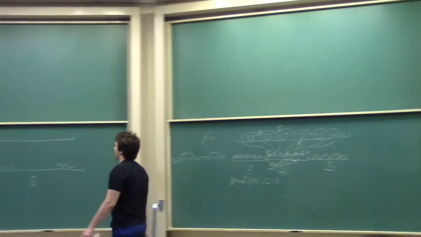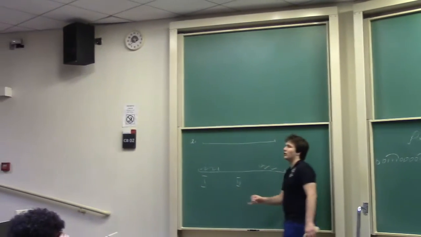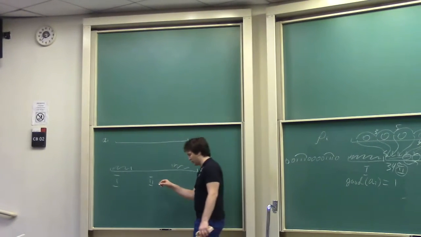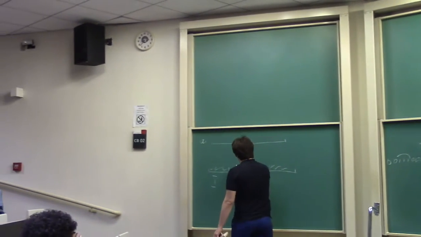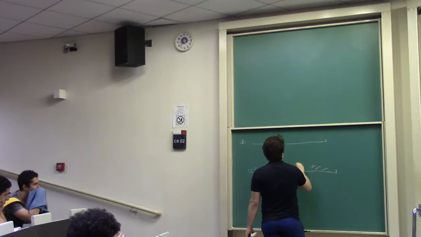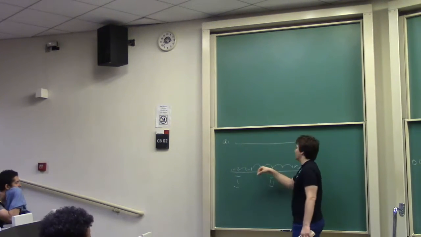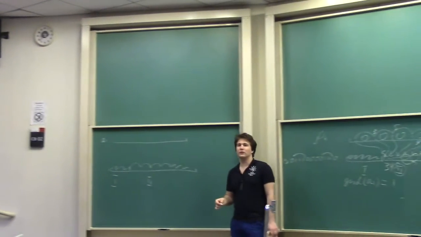Now let's take a look at how this sequence looks. So there are some groups of equal elements.